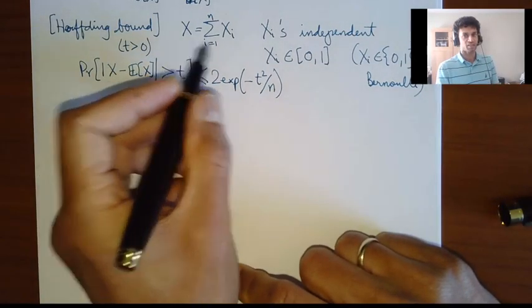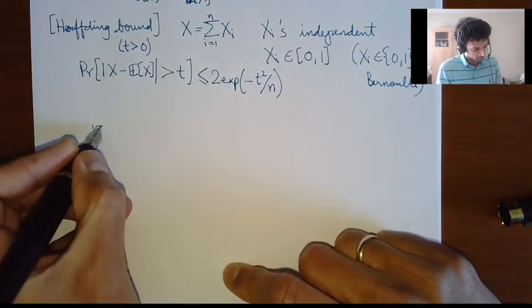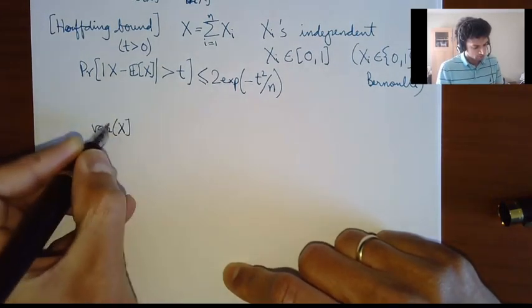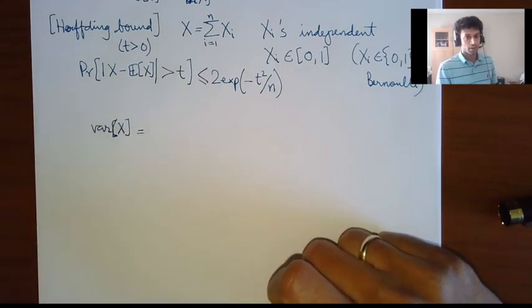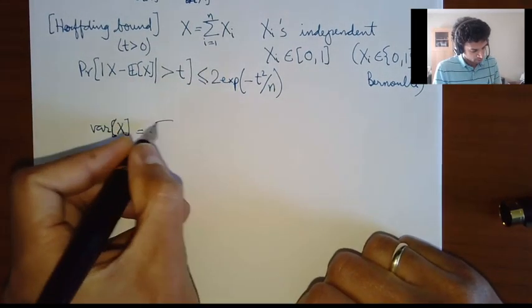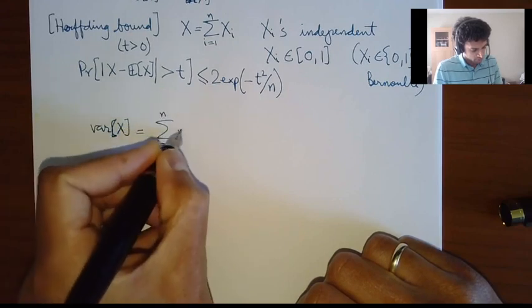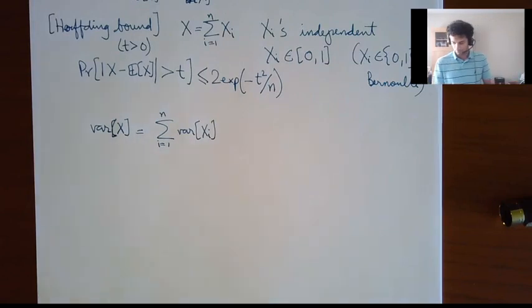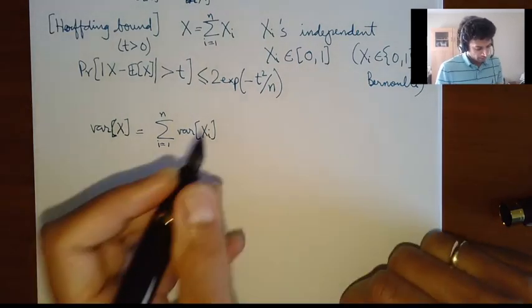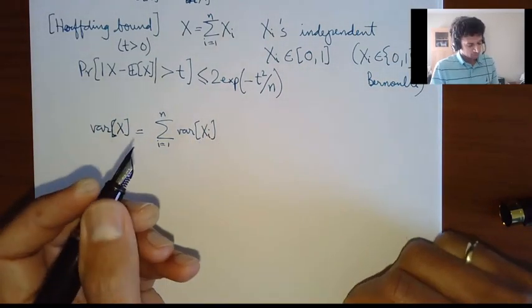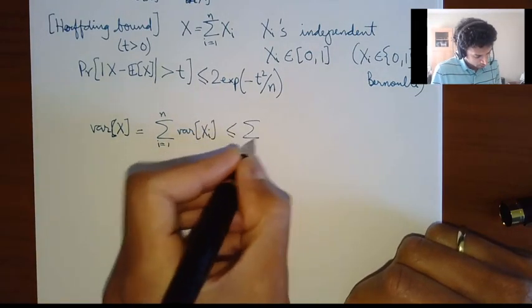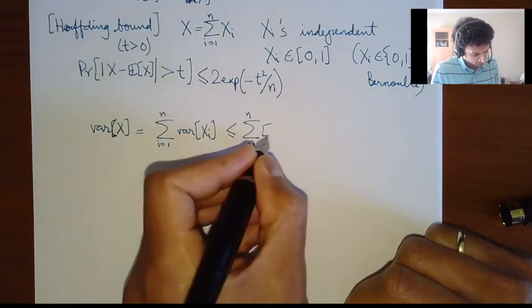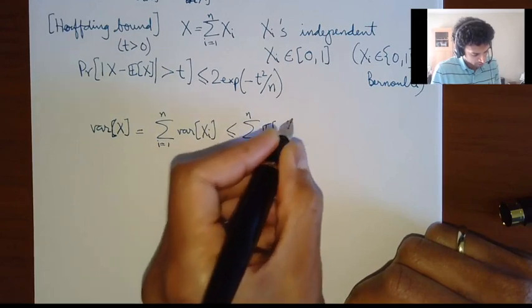So suppose x is the sum of these independent random variables. What is the variance of x? Well, because these are independent, the variance is the sum of variances. Right? It's the sum of variances. And naively, I can just bound the variance by the expectation of xi squared.